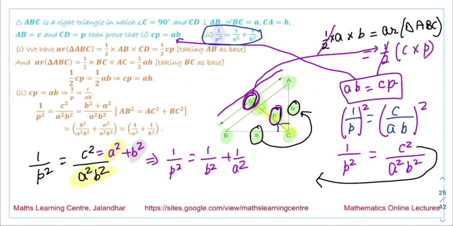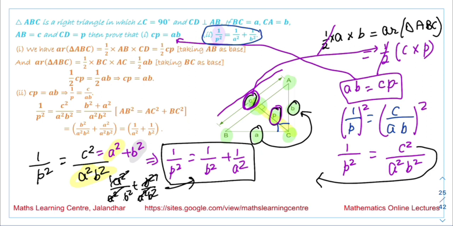So when we separate these terms, we get a square over a square b square plus b square over a square b square. This is not a plus sign over here, this is a multiply sign. So a square and a square cancel, b square and b square cancel, and the answer we are getting is 1 over p square equal to 1 over b square plus 1 over a square.